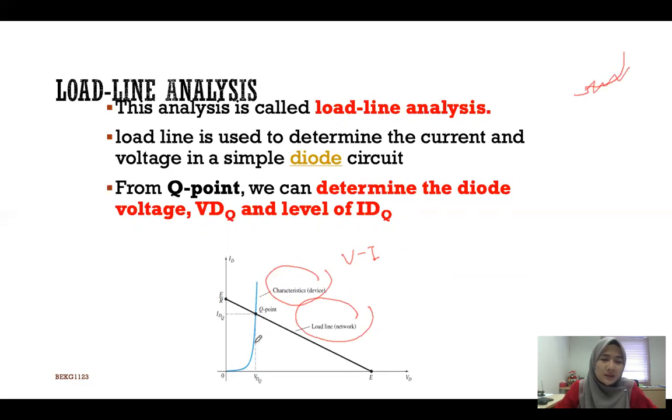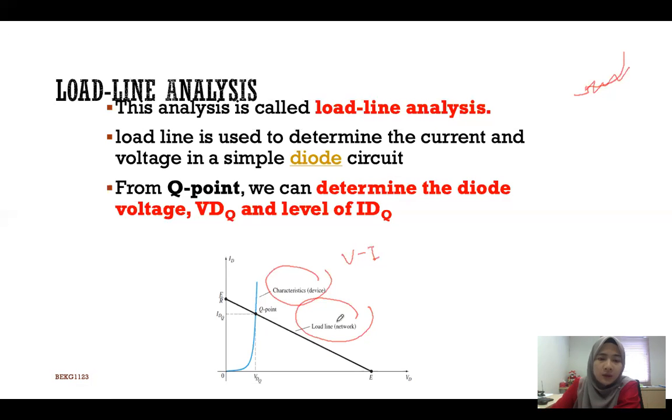If you don't remember, I hope that you can refer back to the previous slide on the VI characteristics, or the VI curve, where it shows when the diode is in forward bias or reverse bias.